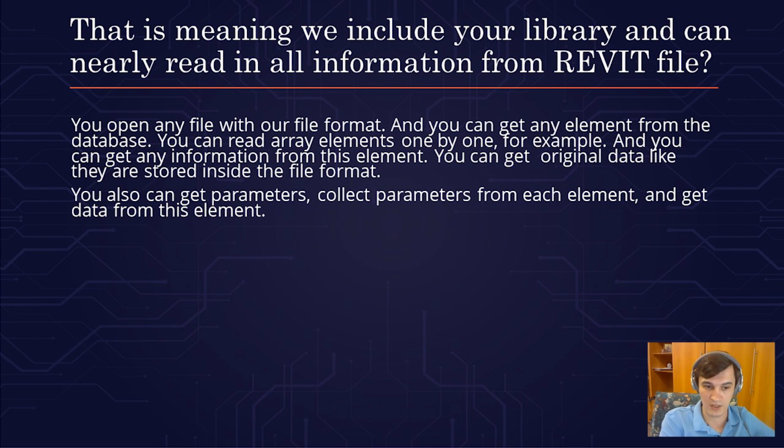You can get original data as it's stored inside the file format through the generated API. You can also collect parameters from each element and get data from this element. Yes, you can use it in such a way.